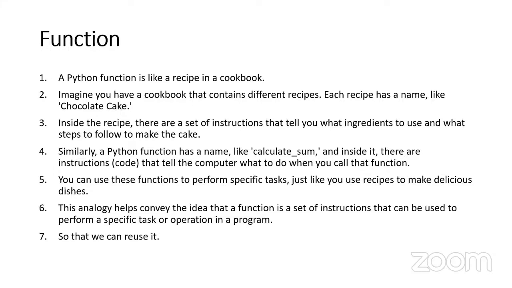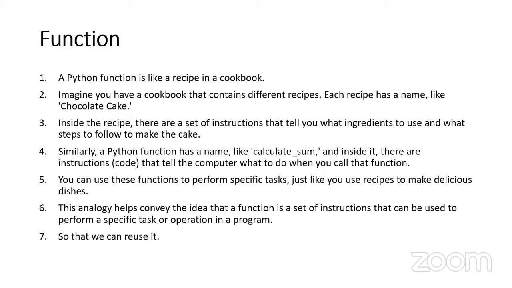In Python, a function is more like a recipe in a cookbook. We have seen the recipe book where we have different menus. For example, the first page is about baking a cake, then making a biryani, then making different dishes, for example, idli, and many more things.